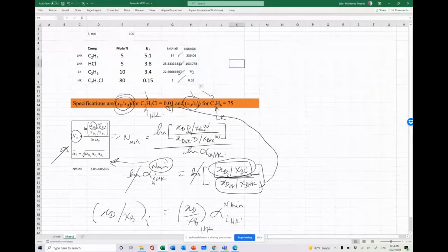And as you can see, the value here is the same as the one given here because you use these two values to determine the minimum number of stages. But these are the new ones here, this one and this one. So now you know the distribution, or the ratio at least, between the xd and xb for each component. And you got these based on the specification given in the problem itself.